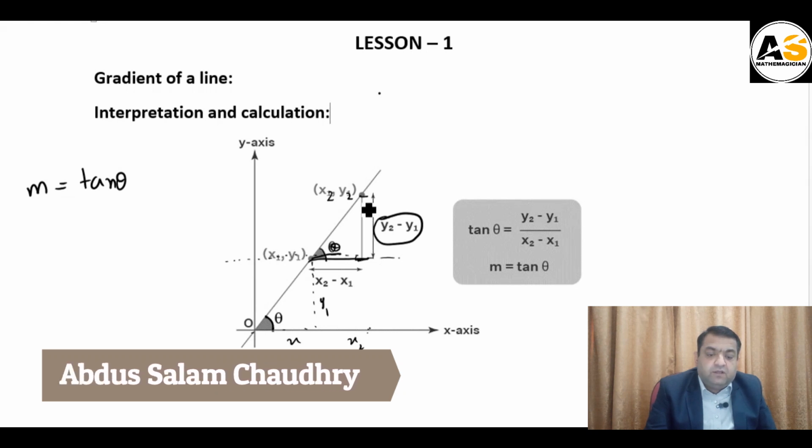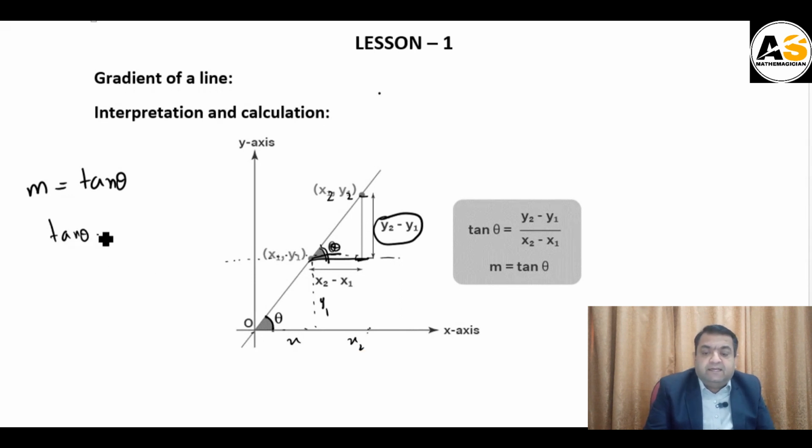So the length of this opposite side is y2 minus y1, and this adjacent side is x2 minus x1. So from there you can write tangent theta is equal to y2 minus y1 over x2 minus x1, which is the gradient.